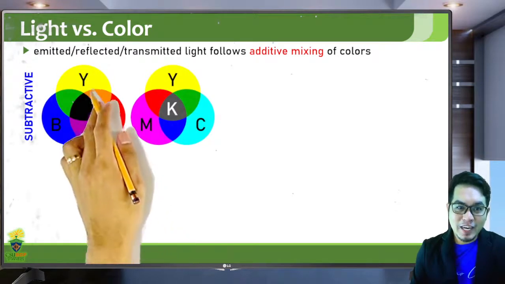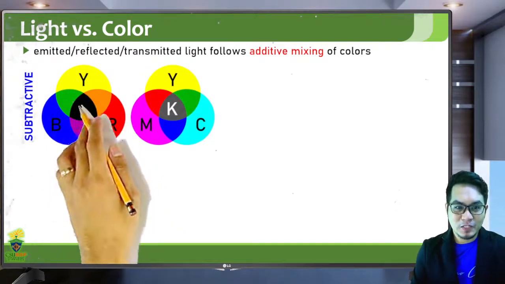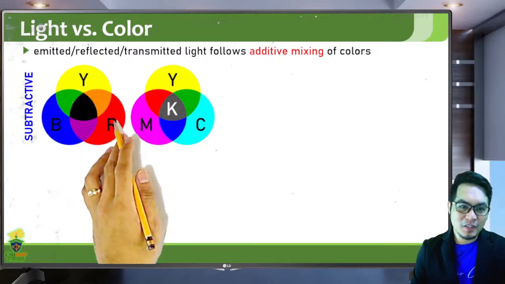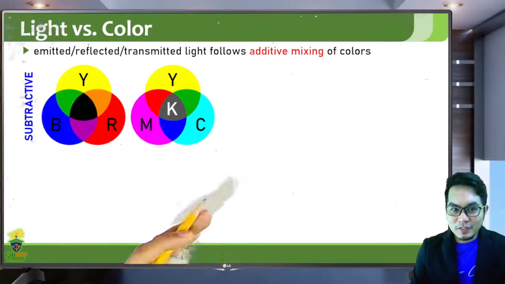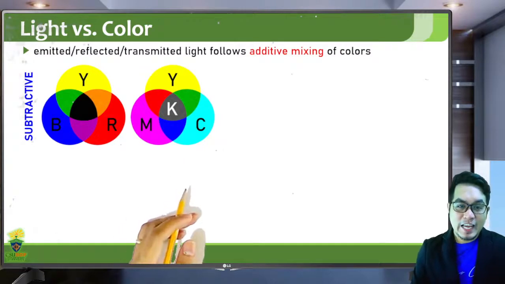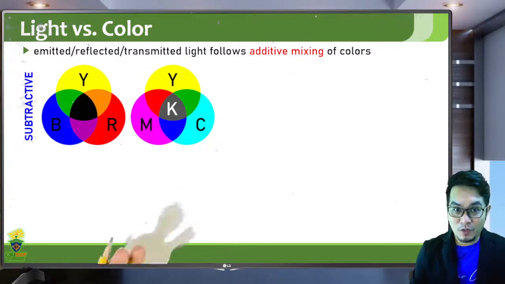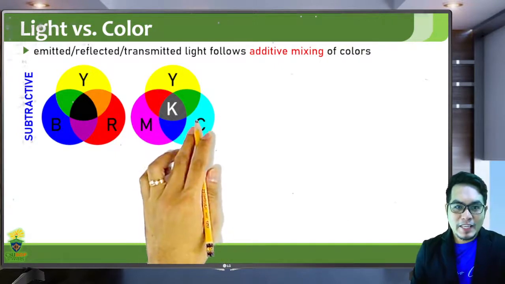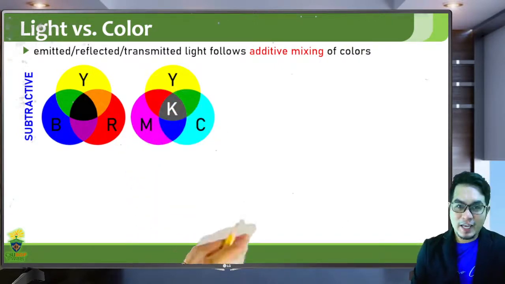That if you combine a yellow and a blue color, you will get a green color. If you combine a yellow and a red color, you will get an orange color. Or in terms of cyan, magenta, yellow, which are the colors of our printer inks, if you combine cyan and yellow, you will get green and so on.